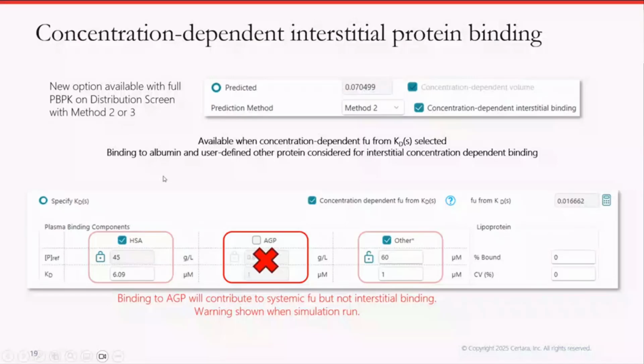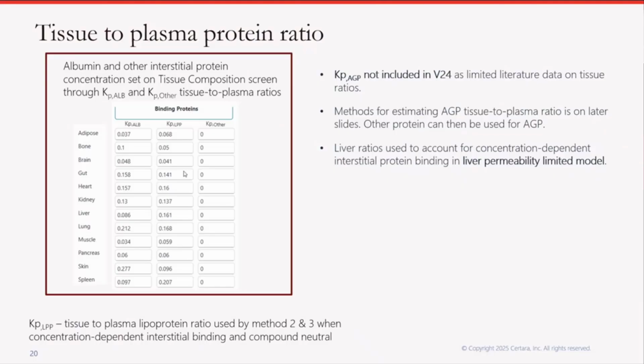But there is a way of estimating that if you do want to include AGP, and it can also apply to any other kind of protein. We have some basic information to estimate what those tissue to plasma protein ratios are. As I said, AGP is not included in V24 because there was limited literature data on those ratios.